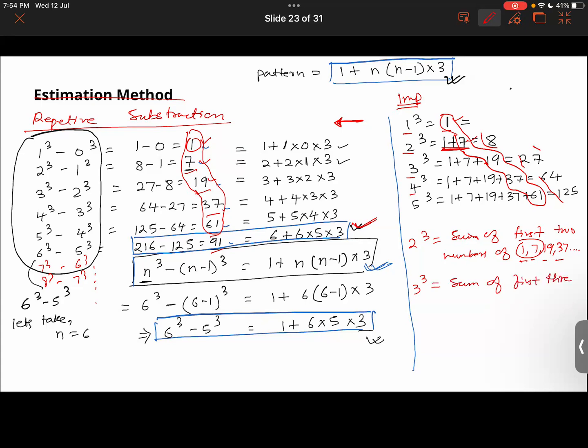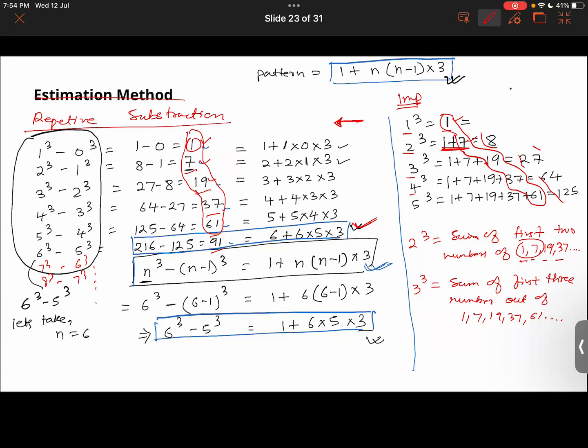And how have we represented 3 cube? It is the sum of the first three numbers out of 1, 7, 19, 37, 61, and so on. Okay, so you guys have got it now from here.